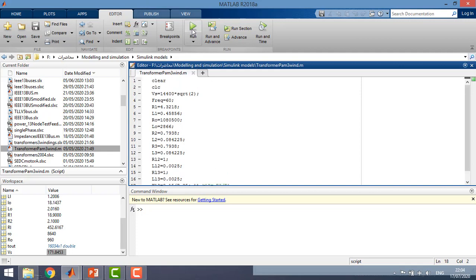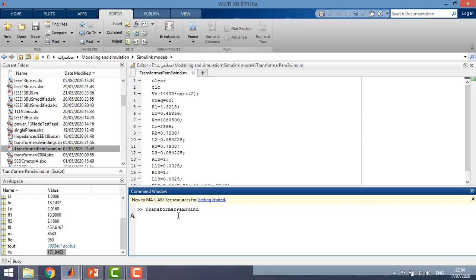Right, just need to run that, and those parameters will be defined in the workspace.